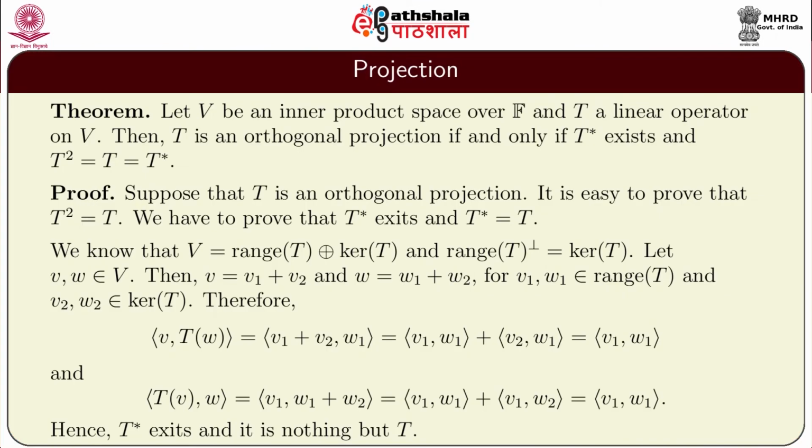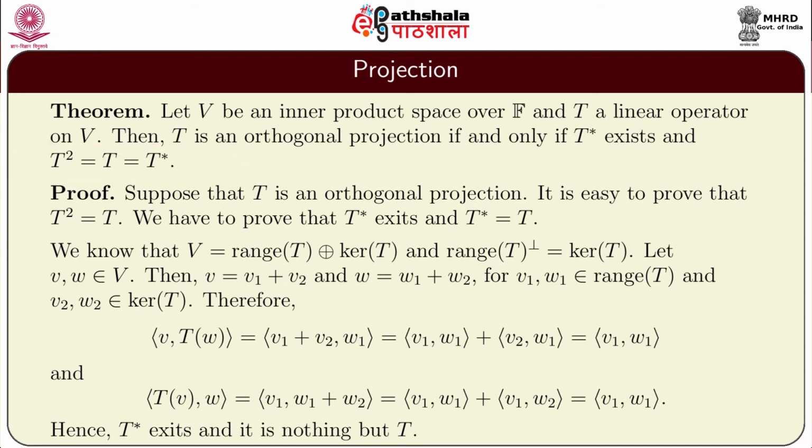Theorem: let V be an inner product space over F and T a linear operator on V. Then T is an orthogonal projection if and only if T star exists and T square is equal to T is equal to T star.